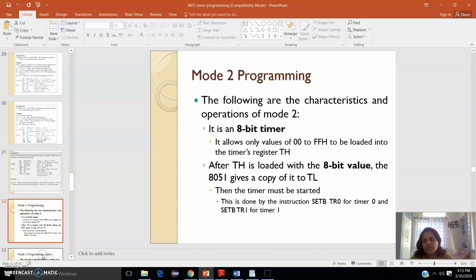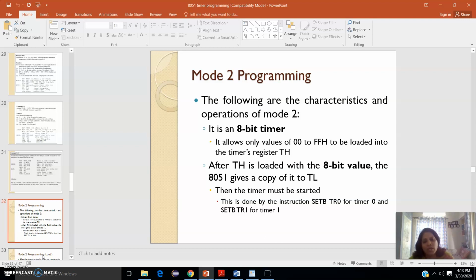Now after this mode 1 programming, the next mode is called mode 2 programming. Mode 2, which we normally use in our programs, is called the 8-bit auto-reload timer mode. What do we mean by auto-reload and what do we mean by 8-bit? It is an 8-bit timer, so it only has a range of 00 to FF.